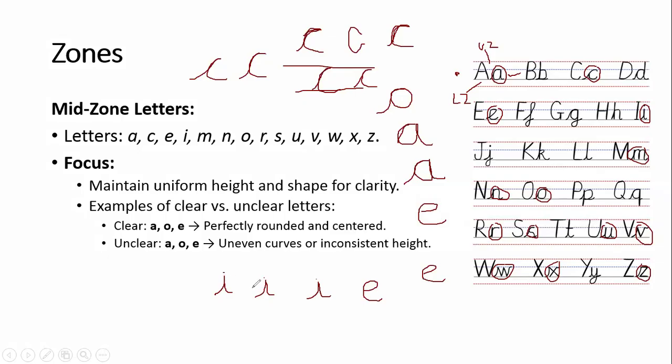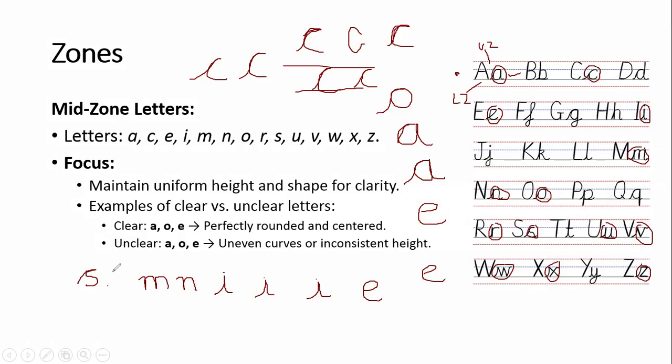Okay. Then M. M, both the arms should be same. This and this. Okay. Then N. Then we will move on to S. This is S. Okay.